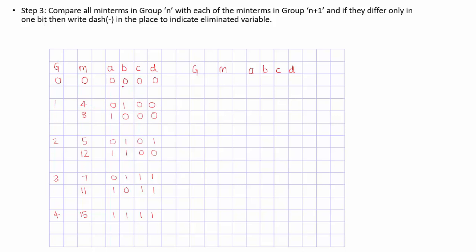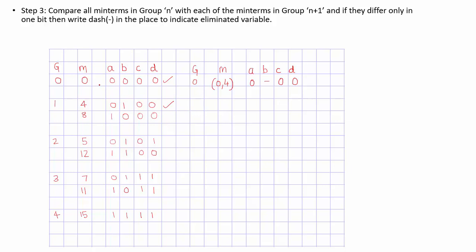Only B is getting changed from 0 to 1. So group 0 will be 0, 4. A, C, D were 0 and B was getting changed from 0 to 1. So I'll write dash to indicate that the variable is eliminated. Now after doing this, I have to put a check symbol next to the minterms 0 and 4. We'll see what is the importance of this check symbol in a little while.